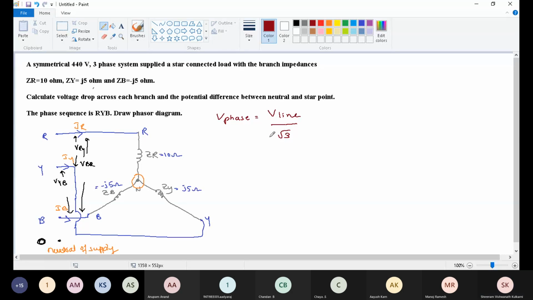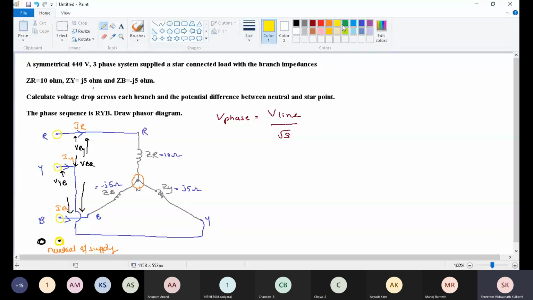Now we need to calculate VRO, VYO, VBO, which means we are calculating the phase voltages. Most of the time in the examination they will give the line voltages.